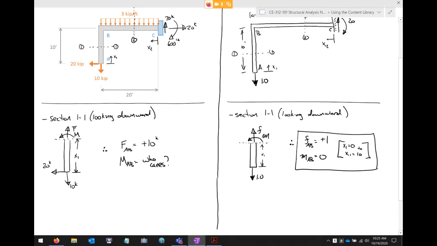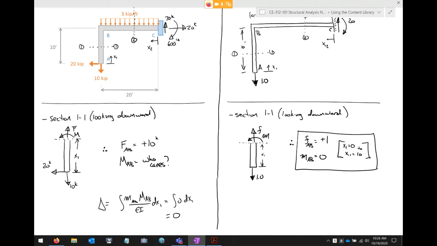Because when I'm doing the deflection, keep in mind, what am I going to do? I'm going to say the integral of little m AB times big M AB over EI dx1, but that's going to be the integral of 0. And so that's going to be 0. And this is what I said at the beginning of the problem: we're going to do the virtual function first, because by doing the virtual structure, you can see that mAB is 0.